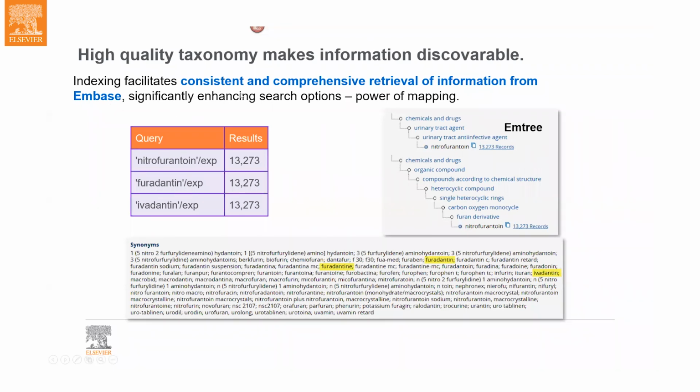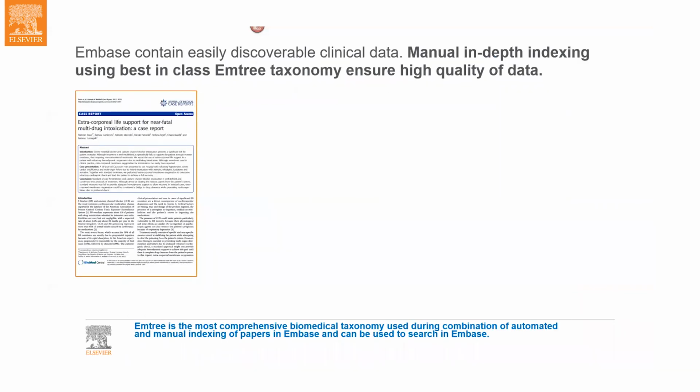And for indexing, Embase uses a biomedical taxonomy tree, which is called Emtree. It really has a tree view, and today we will discuss how to leverage all the advantages of the fact that it has a tree, not just a library, but a tree.